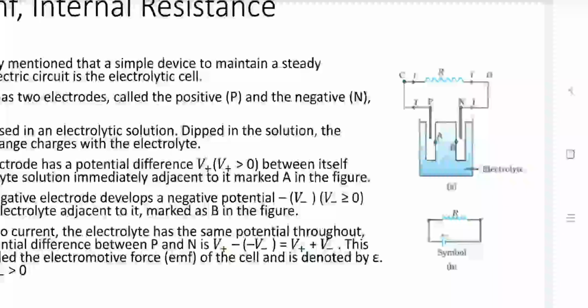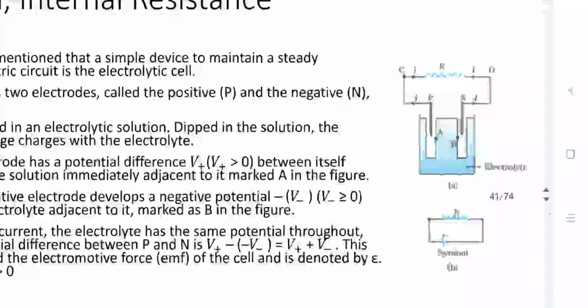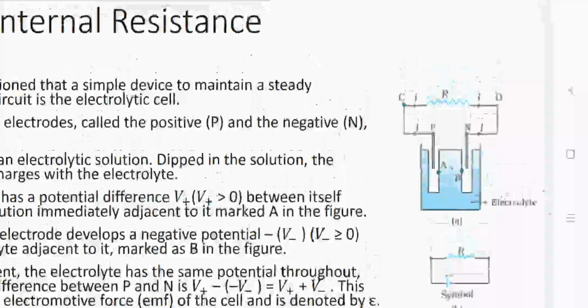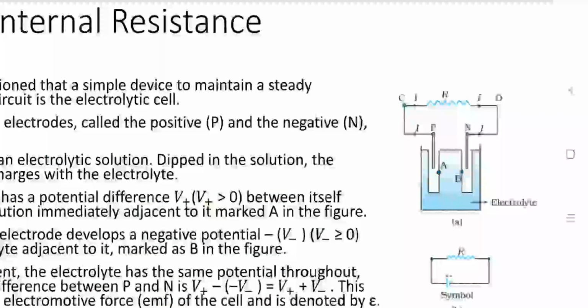When current is 0, the maximum potential difference is available between P and N. That is the potential difference between P and A, where A is a point within the electrolyte, then between A and B, where the charge carriers within the electrolyte are moving, so internal resistance exists between A and B, and then the potential difference between B and N. That total potential difference is basically the EMF.